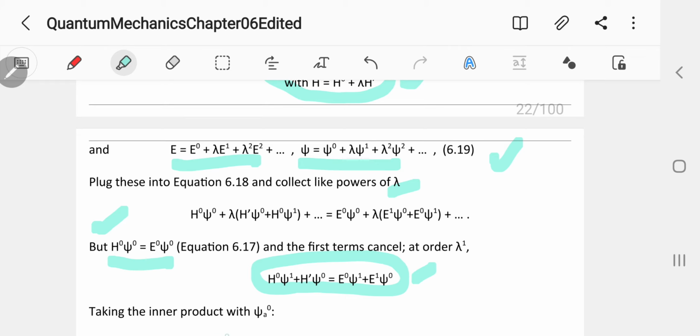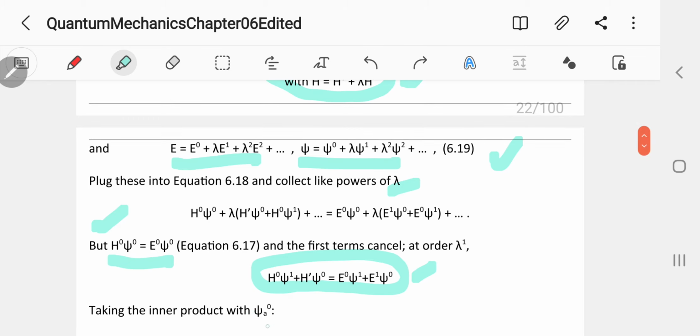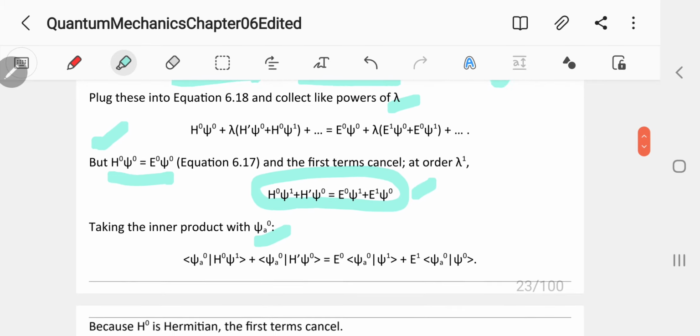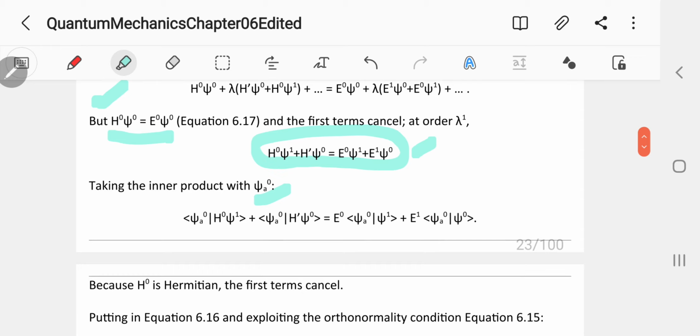So we will now get the inner product with respect to phi A0, and then later on we will get the inner product with phi B0, since there are two of them.